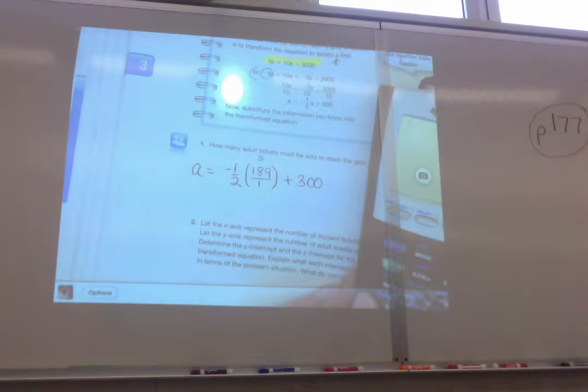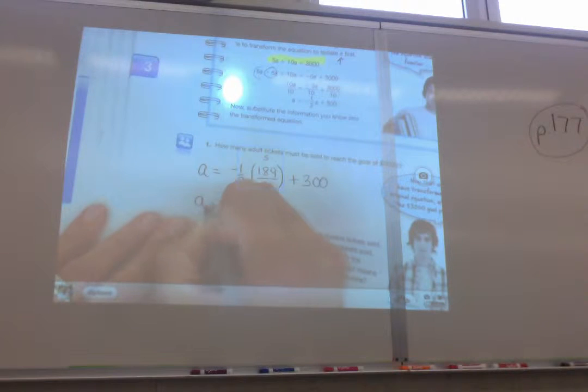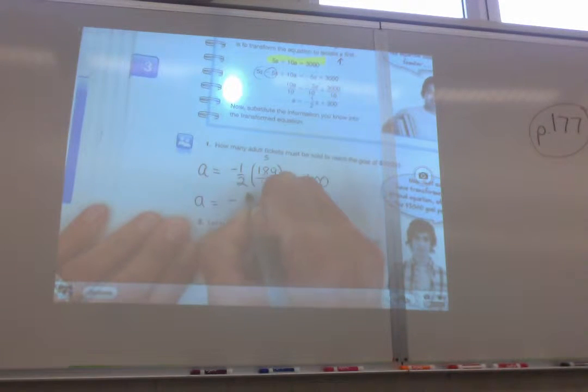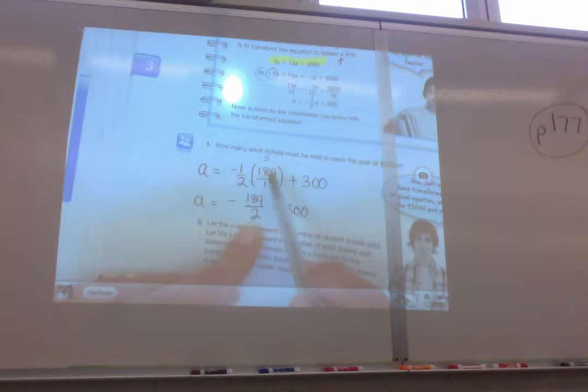Plug some stuff in. You can look at it like this. Yes, so I kind of gave you a hint about one way to approach it. Put that over a 1. Negative 1 times 189 over 2 times 1, multiplying fractions, but we have a calculator.